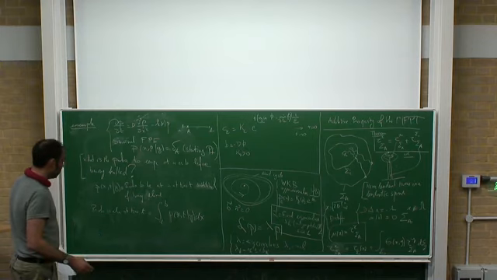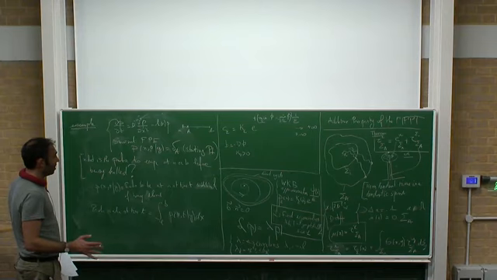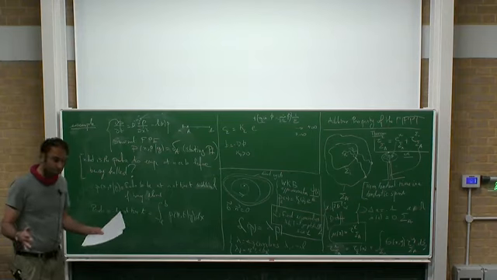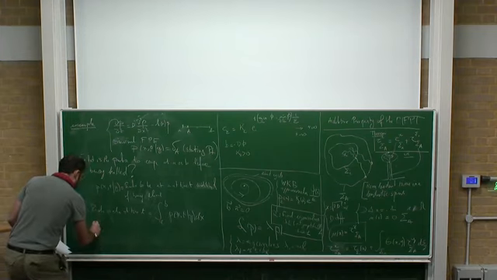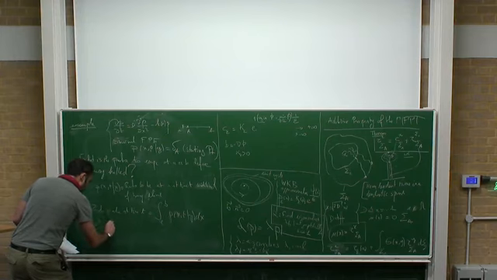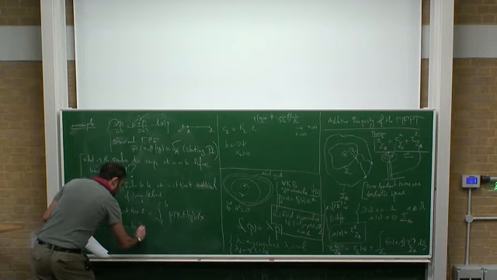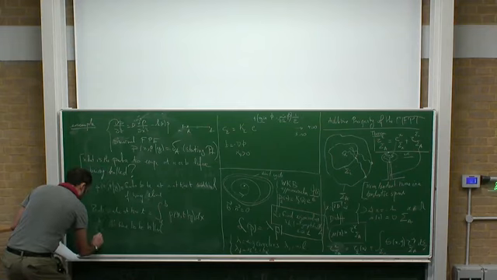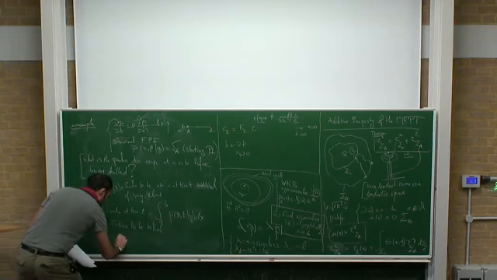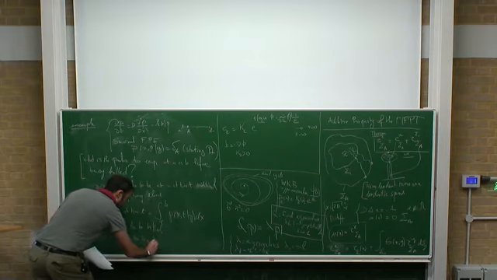So now, what's the probability that it ever reached the boundary? Let's call tau killing the first time to be killed. And let's call capital T the first time, a random time, to reach the boundary.